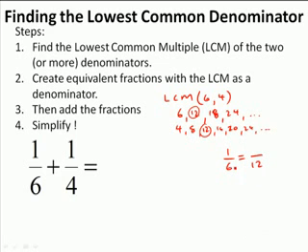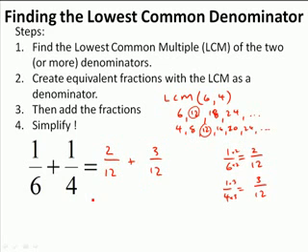So quite obviously, to get from 6 to 12, I've multiplied by 2. And I need to do the same with the quarter. I need to make that into 12ths. So 1/4 is 3/12. So instead of 1/6 plus 1/4, I write it as 2/12 plus 3/12, which is 5/12. Now, that's in simplest form already.